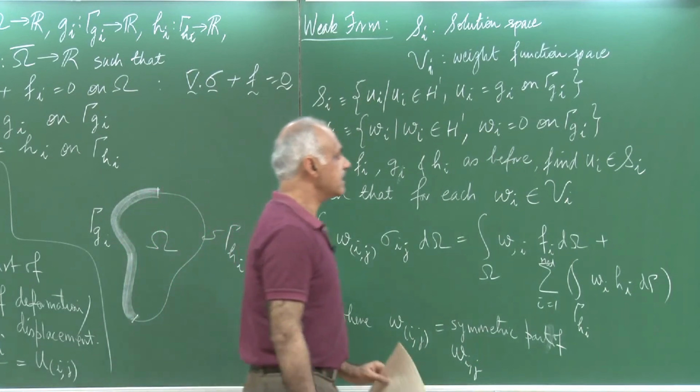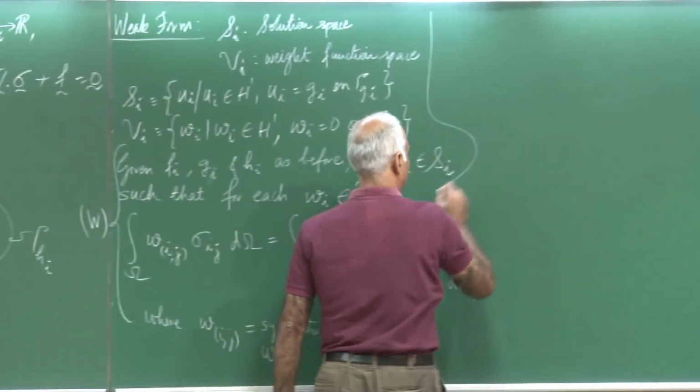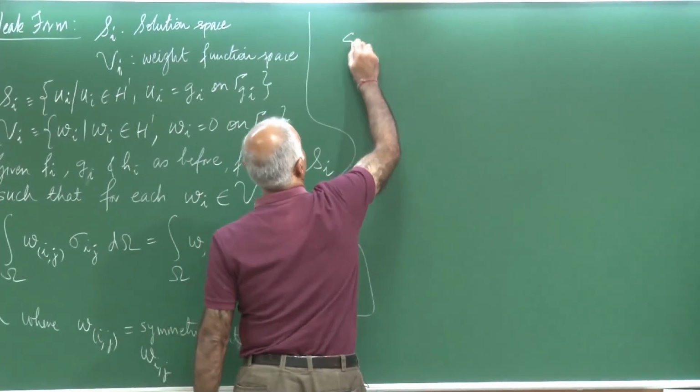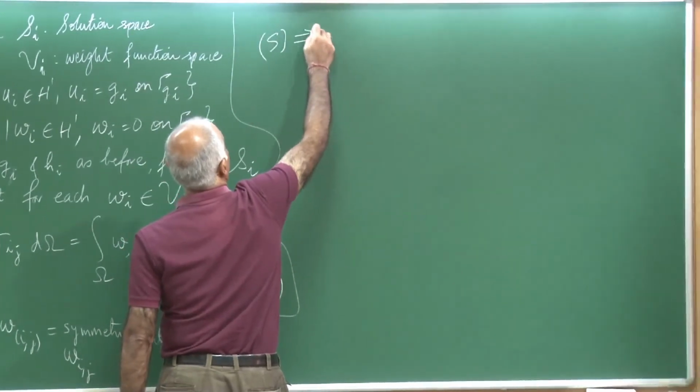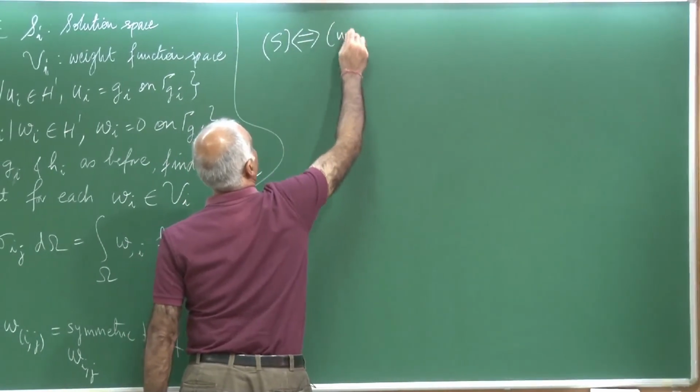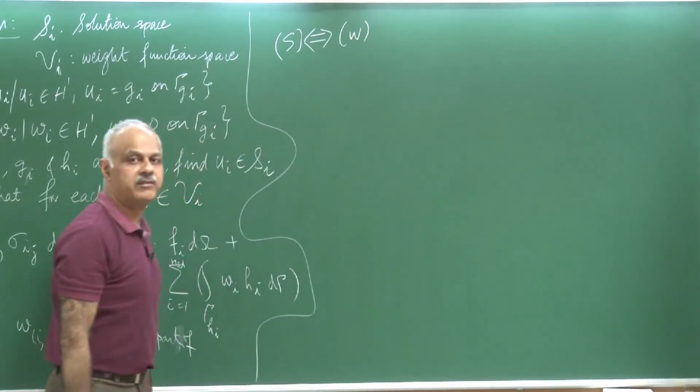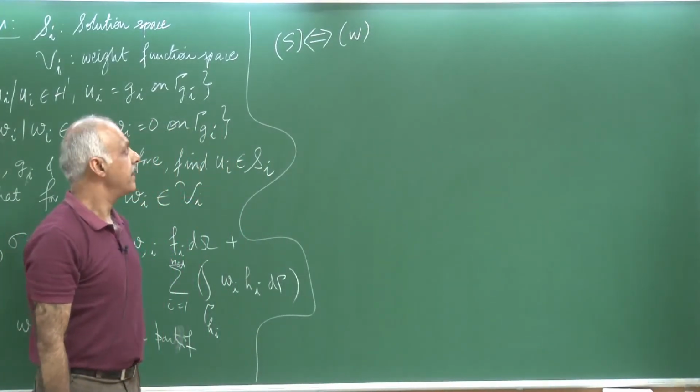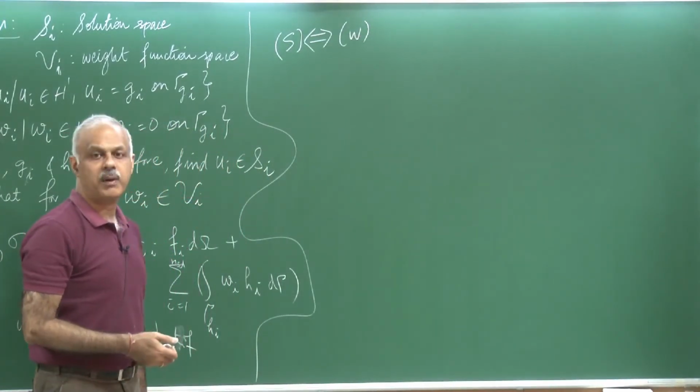The proposal is that S is equivalent to W. The strong form and weak form are equivalent, and this again would consist of two parts.